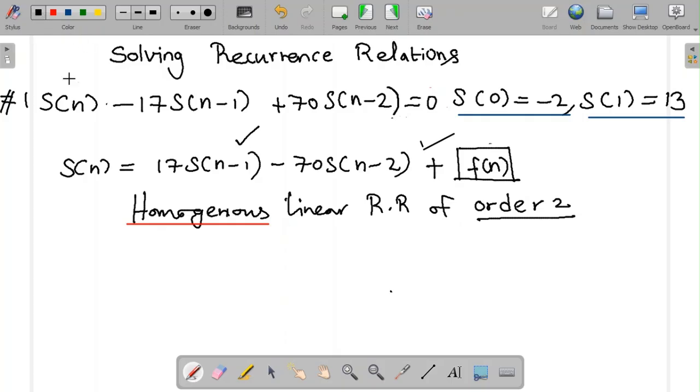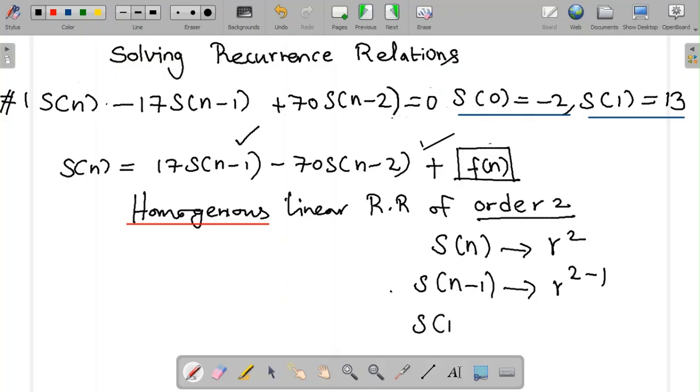We just need to express the same recurrence relation in terms of an algebraic equation. That's obtained by identifying the order. We have identified the order of this recurrence relation as 2. Therefore, we just replace S of n by r squared, the algebraic term, S of n minus 1 by r to the power of 2 minus 1, and S of n minus 2 by r to the power of 2 minus 2.